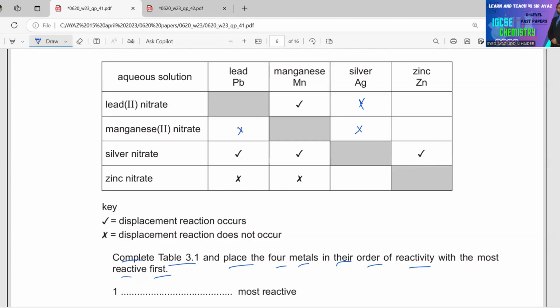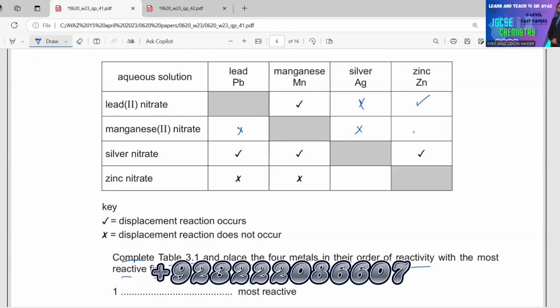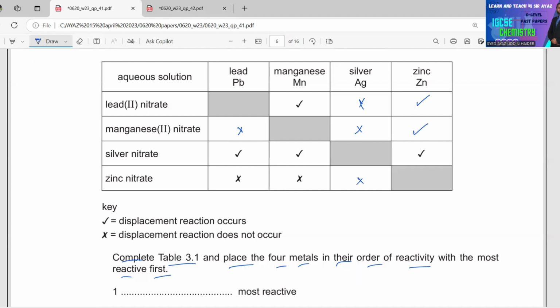And zinc, it will definitely displace all of these. So it will displace lead nitrate, yes. It will displace manganese nitrate, yes. This one is also cross.